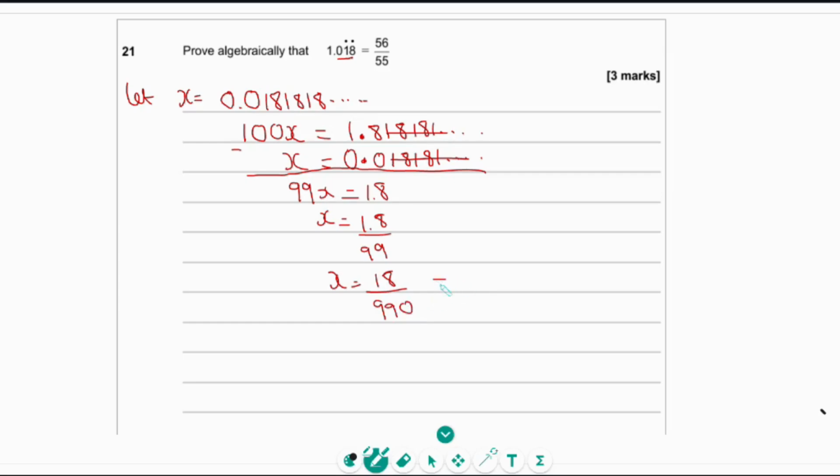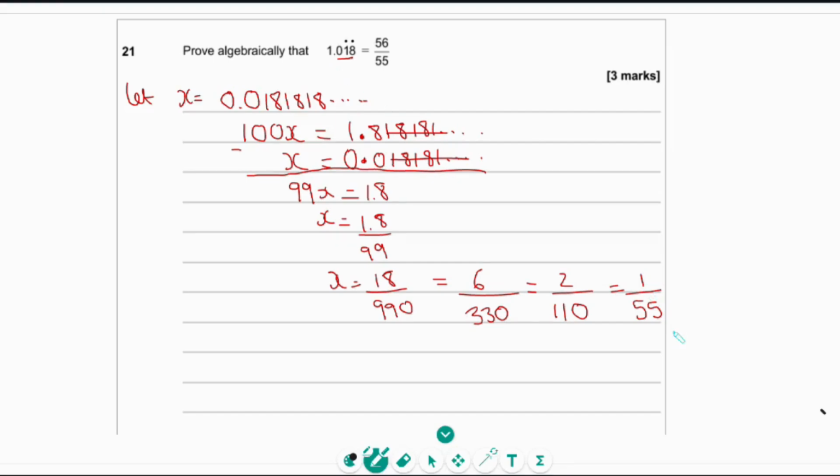I'm going to divide both of those by 3 to get 6 over 330. I am going to divide them both by 3 again to get 2 over 110. I can divide them both by 2 to get 1 over 55.